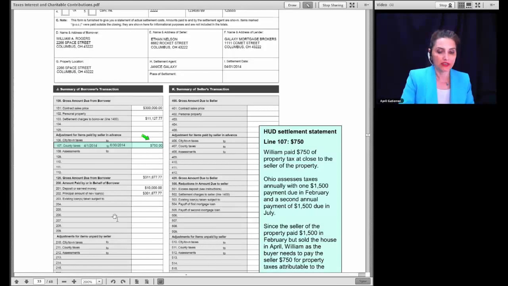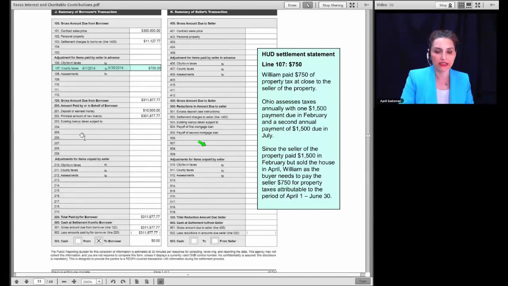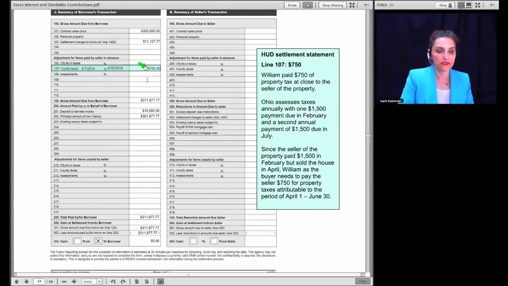Ohio assesses taxes annually with one $1,500 payment due in February and a second annual payment of $1,500 due in July. And since the seller paid $1,500 in February and then sold the home in April, William, as the buyer, needs to pay the seller $750 for those property taxes that are attributable to the period that he owned the home. So this $750 is going to be deductible to him, as is the next $1,500 that he pays in full in July.